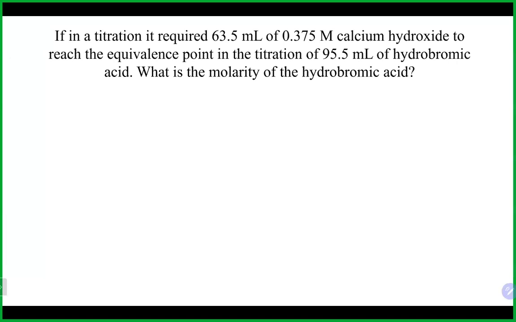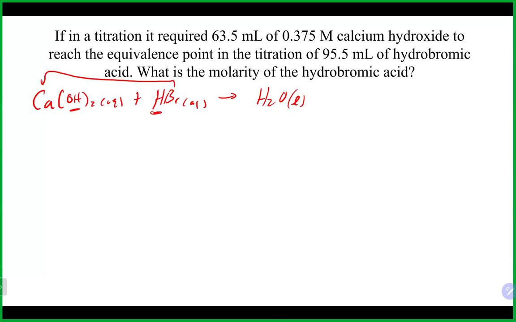So again, here we definitely need an equation. We want to start with the right formula. So calcium hydroxide, with Ca 2+ and OH minus 1, means something like this, Ca(OH)2, reacts with hydrobromic acid, which is HBr. Remember, an acid and a base make basically water from those 2, and a salt from the other ions, as they do a double displacement type of deal here.